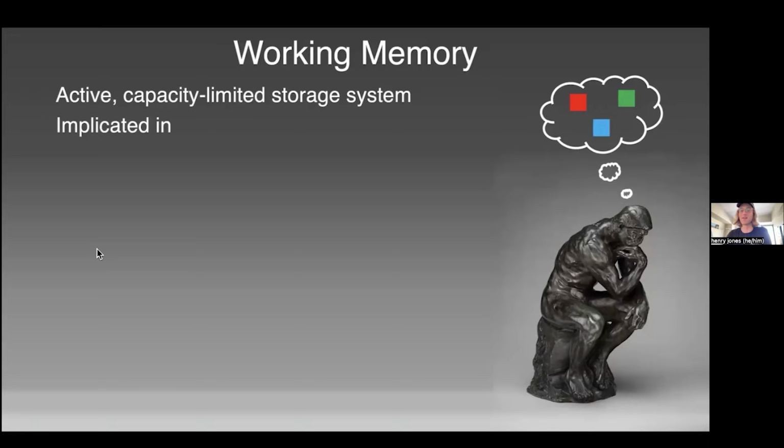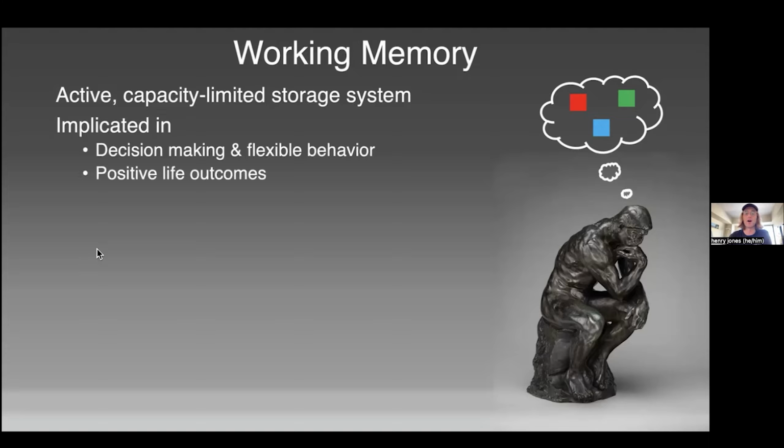In theory, it's our ability to manipulate that information that underlies decision making and flexible behavior. And one's ability to effectively store information in working memory is associated with a bunch of positive life outcomes. So it's critical to understand how to build useful interventions to help people achieve positive life outcomes and things like that.